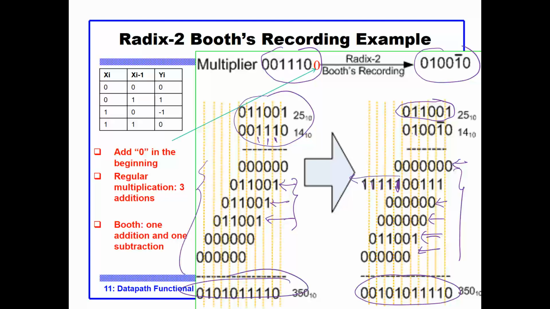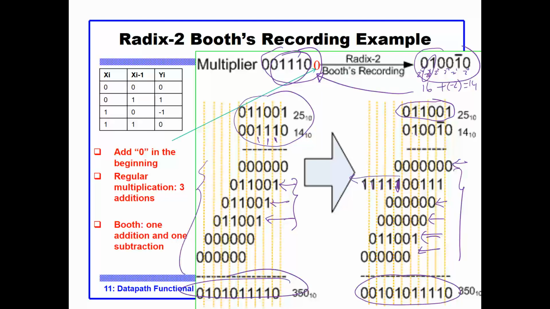Notice this one here. If you want to evaluate, this number is 2 to the 0, 2 to the 1, 2 to the 2, 2 to the 3, 2 to the 4, 2 to the 5. So this is 1 multiplied by 2 to the 4, which is 16, plus -1 multiplied by 2 to the 1, which is minus 2, and this equals 14, which equals the value of these digits, 14 here.